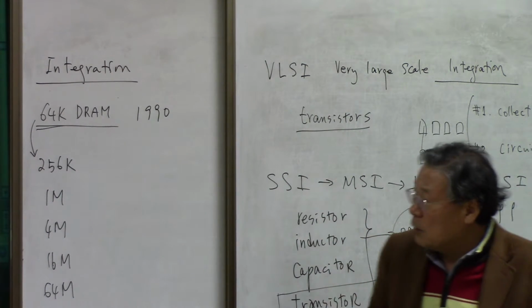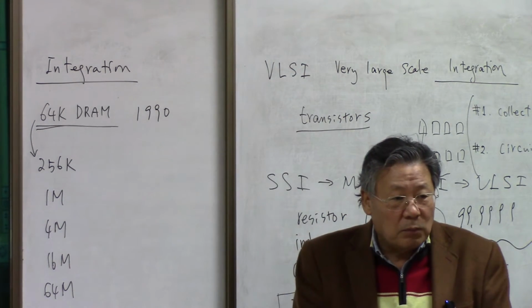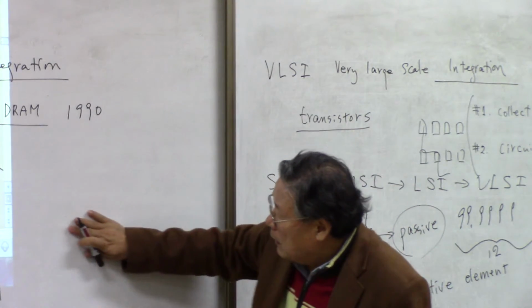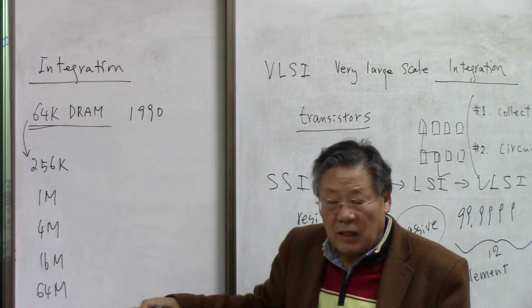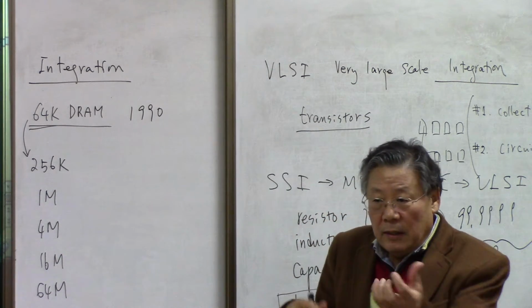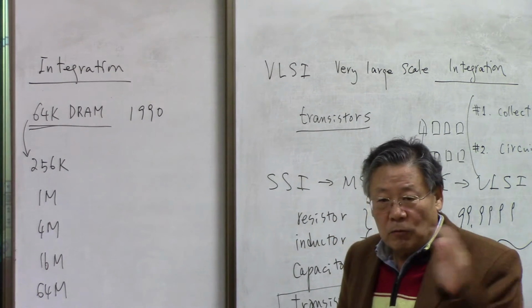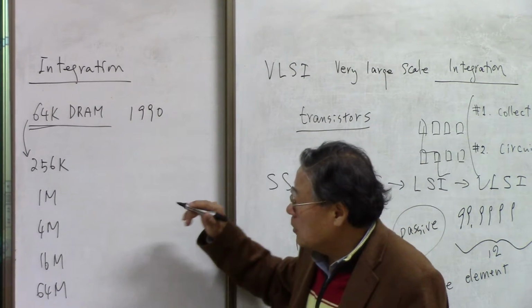It just means that we increase the number of transistors to be collected in one place. And of course, we can improve this integration level by developing the techniques related to each chapter of this class.